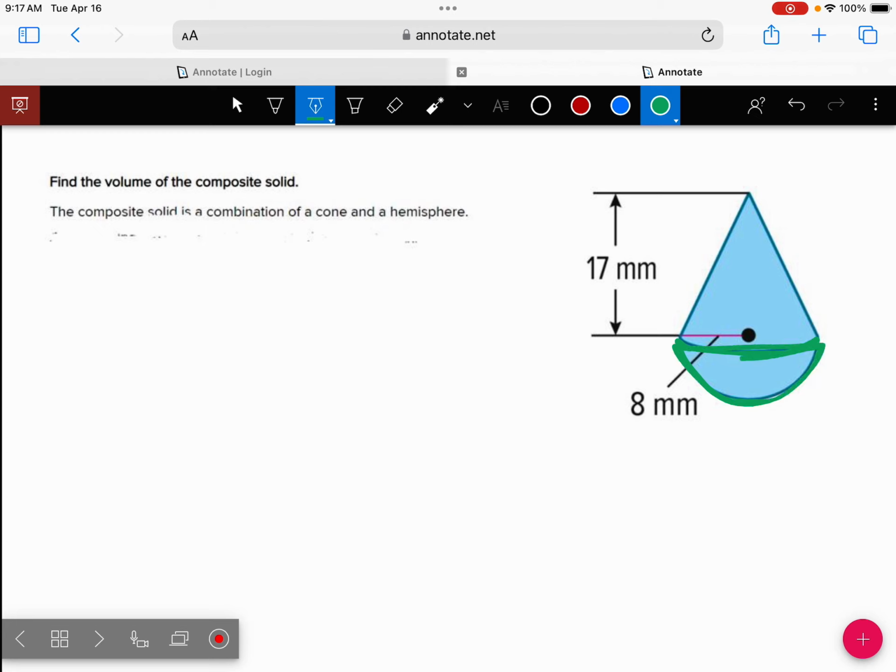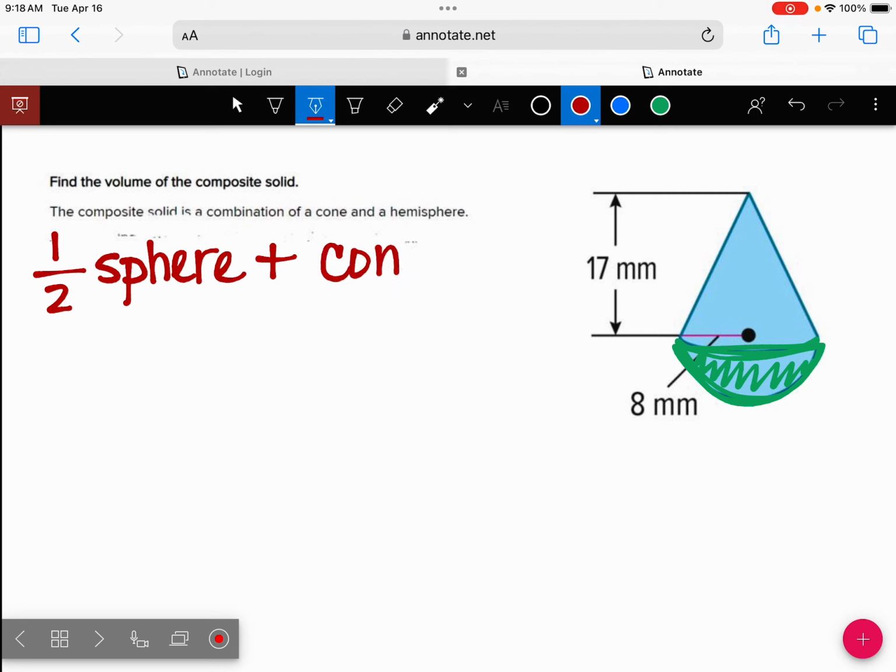So right here, this is my cone. I'm sorry, that's not a cone, that's a sphere. So I'm going to start with this. So again, we got half of a sphere plus a cone. That's what we have to figure out.